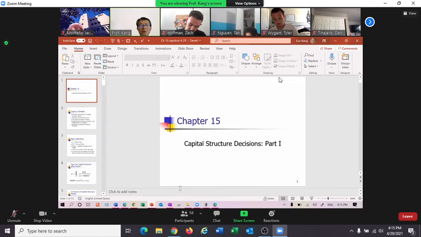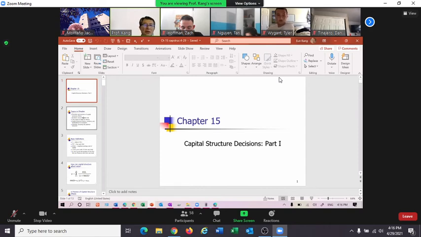The first chapter is more like a general statement, but at the end, very important calculation, right? Actually, we calculate optimal capital structure with numbers. It's very important. And chapter 16 is more advanced stuff about theories.